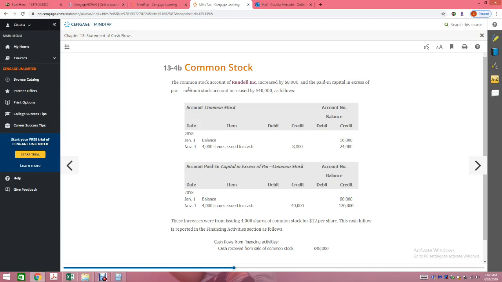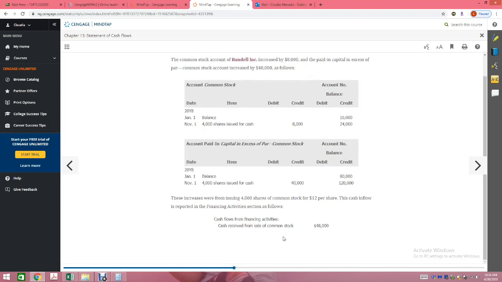In this particular example, the common stock account increased by $8,000, and the paid in capital in excess of par account increased by $40,000. So, when we enter that transaction into our statement of cash flows, the increase from the 4,000 shares of stock issued plus the paid in capital needs to be added together.